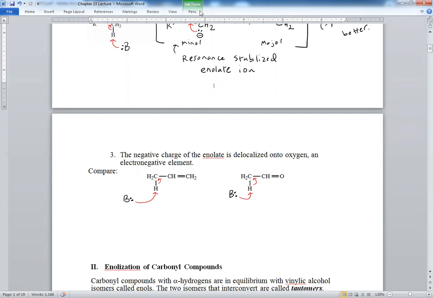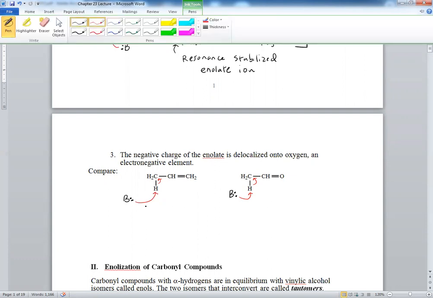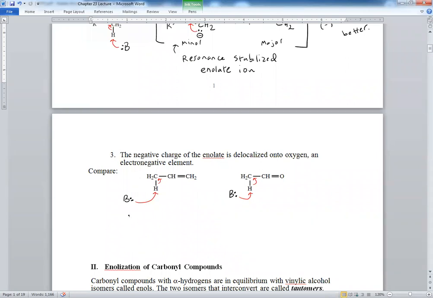In this case, the result would be a CH2 with a lone pair and a negative charge. Here you have, again, the same thing. There's a CH we forgot here, and we're going to put those electrons on there. So they both have resonance structures.